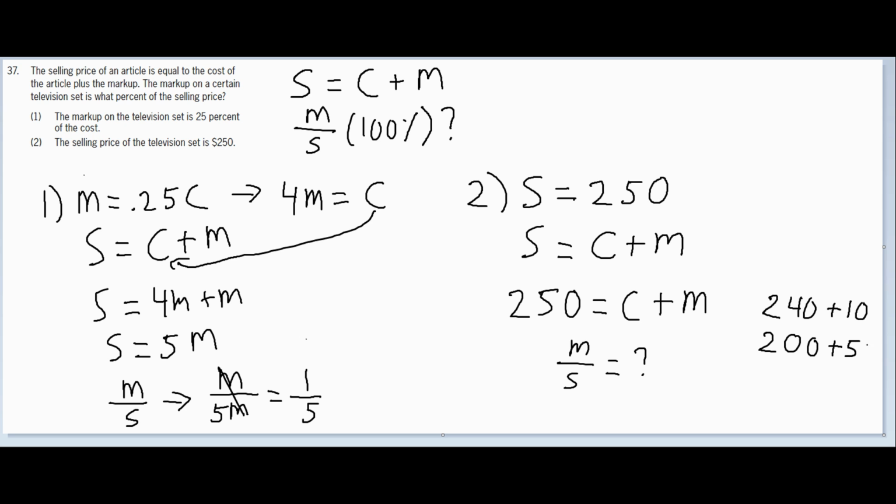There's nothing in the given information that rules out either of these cases, but in the first case the percentage is much lower than the second case. So that means there's 2 different answers that fit the given, which means statement 2 is not enough information to solve the problem on its own. So that must mean the correct answer is A. Statement 1 is enough, but statement 2 is not.